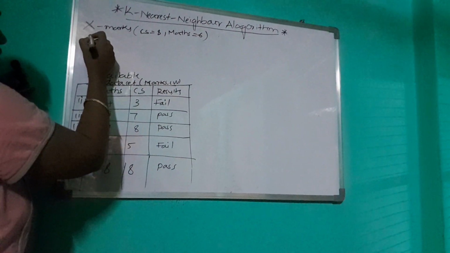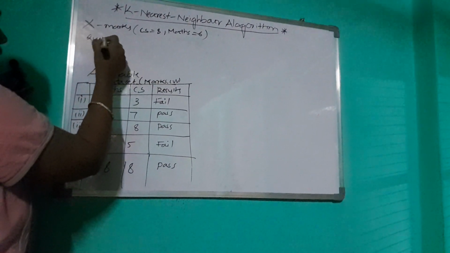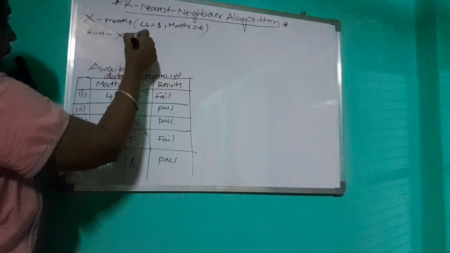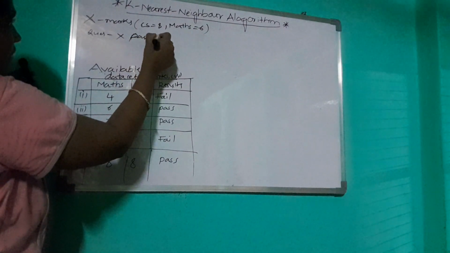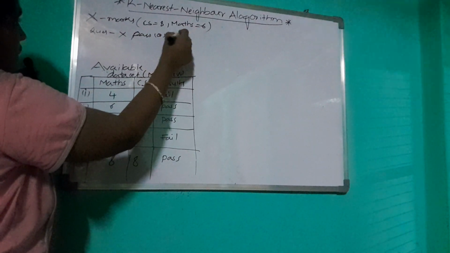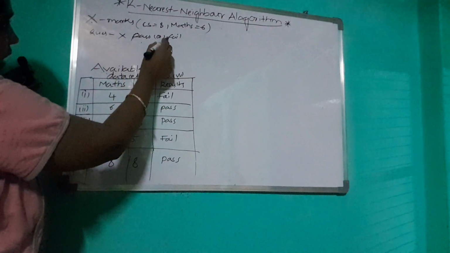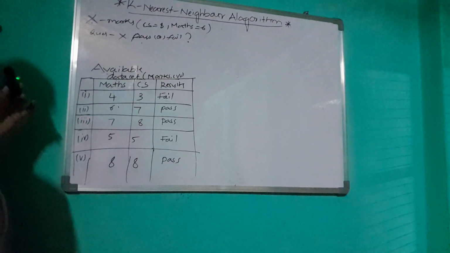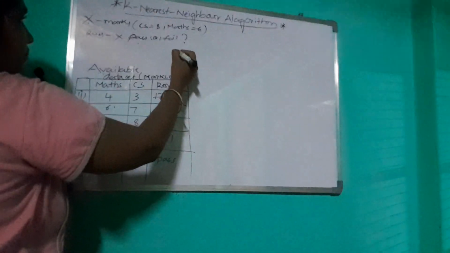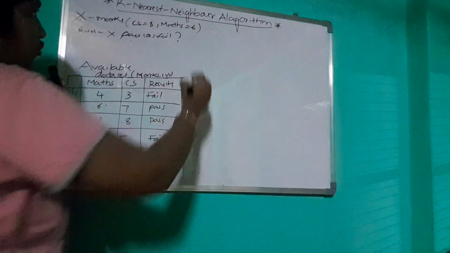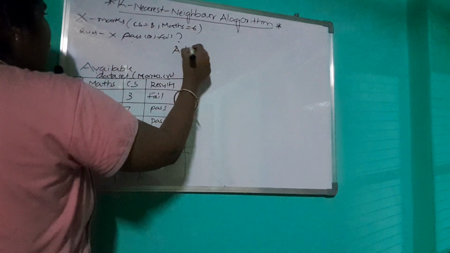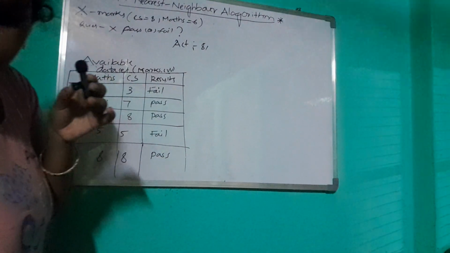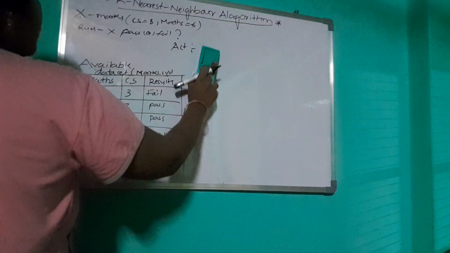The question is, did student X pass or fail the exams? Here this is the available dataset. This is the actual point, 6, 8.